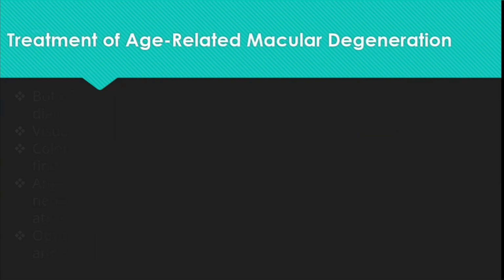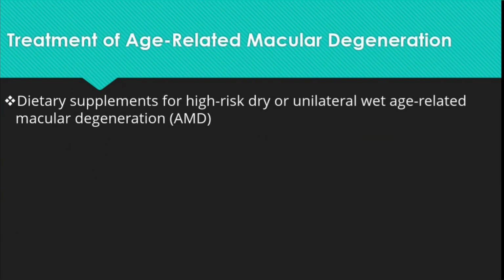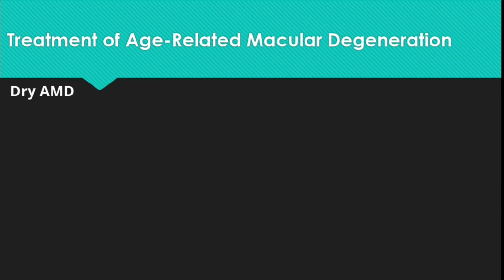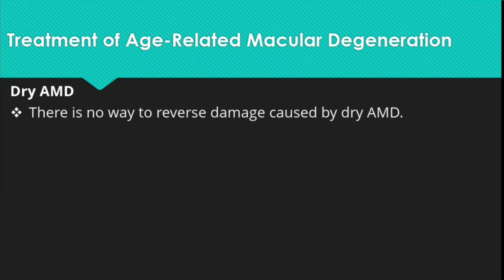So how do we treat this condition? We can use dietary supplements for high-risk dry or unilateral wet age-related macular degeneration, and intravitreal anti-vascular endothelial growth factor drugs or laser treatments for the wet form of AMD. Right, for dry AMD, there is no way to reverse the damage.